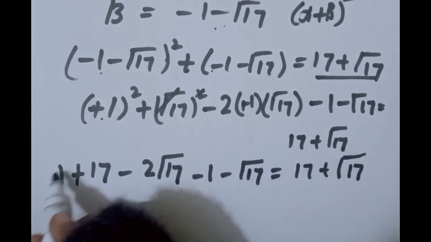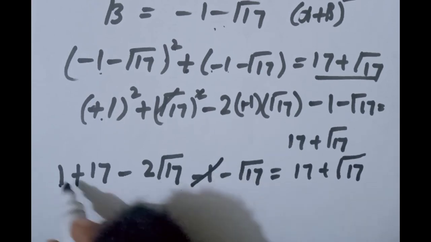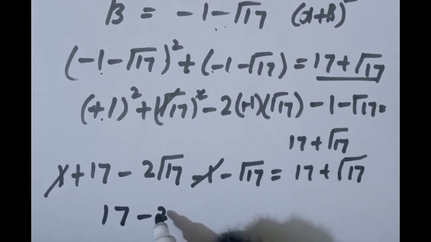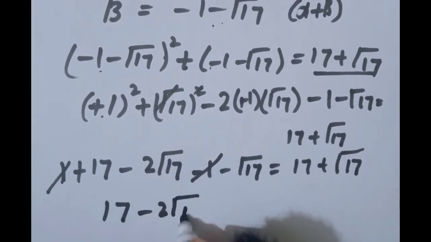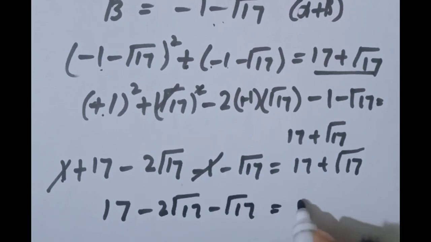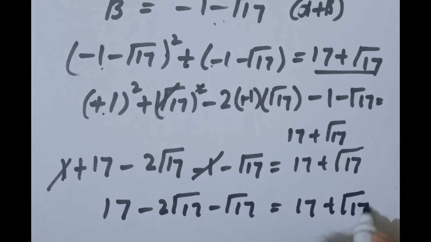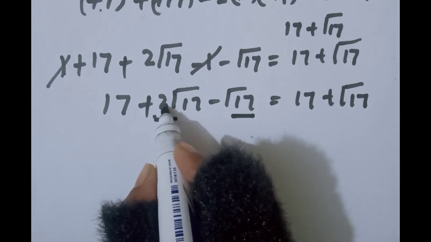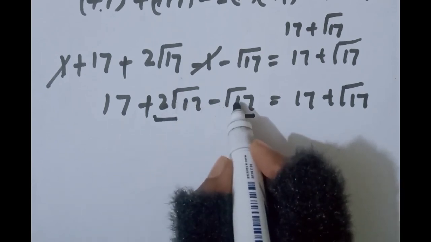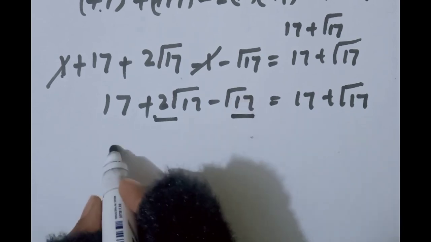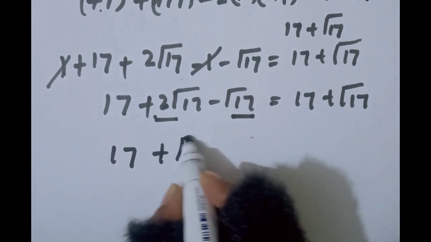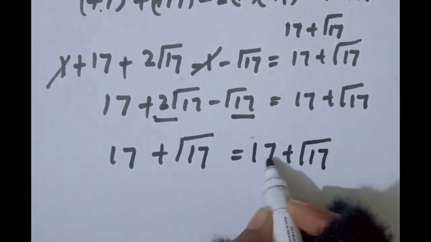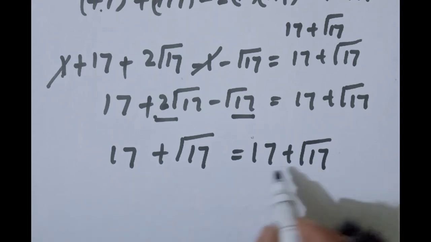Okay, now we cancel 1 and minus 1, then we get 17 and minus 2 times square root of 17 minus 17 is equal to 17 plus square root of 17. Now we subtract 2 times under root 17 minus under root of 17, then we get plus square root of 17, and the right hand side is 17 plus square root of 17. So left hand side and right hand side are equal.